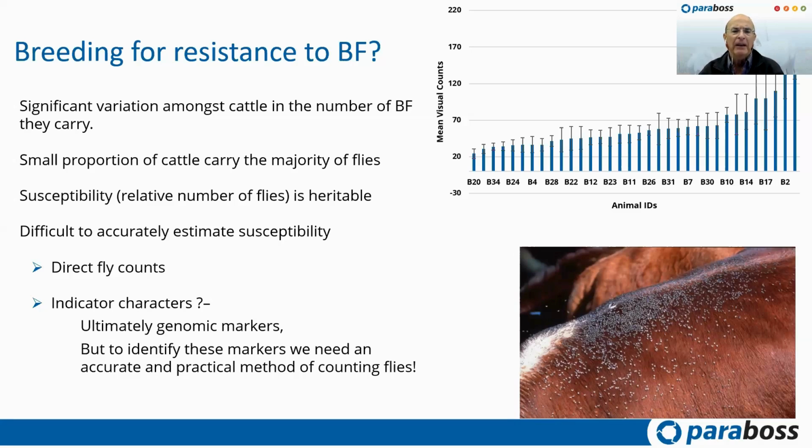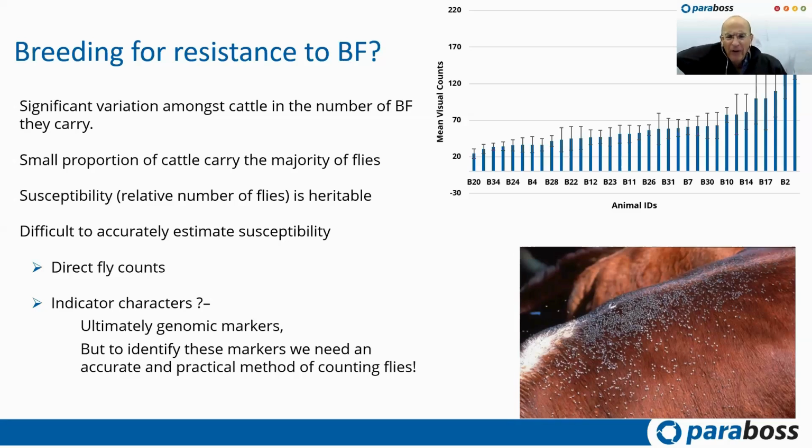Now, the difficulty comes in accurately estimating susceptibility, functionally in accurately counting the number of flies. Now, how can we measure the number of flies on different animals so that we can select the ones that have lots? Well, the first thing is just to directly count the number of flies.